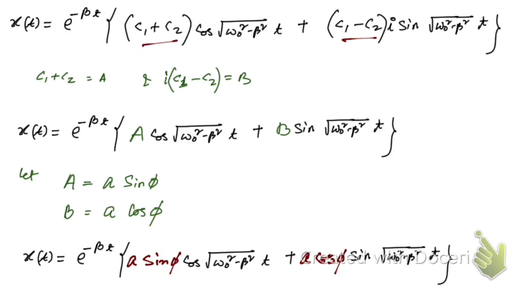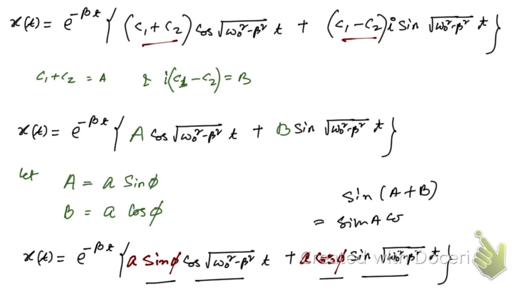Now here it is in this form: sine A cos B plus cos A sine B, which is sine of A plus B. If we apply that formula, then it can be written in this way.